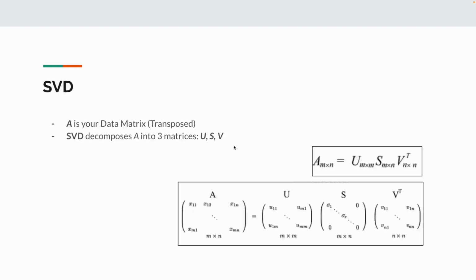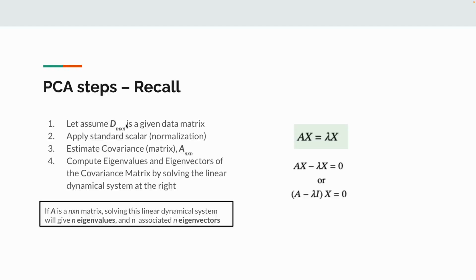So in contrast, for singular value decomposition, we have to follow some notational differences. Here A is your data matrix, and it is transposed. That means our data matrix D was recording data in a row-wise format, where the columns were the features, just like in any tabular data.